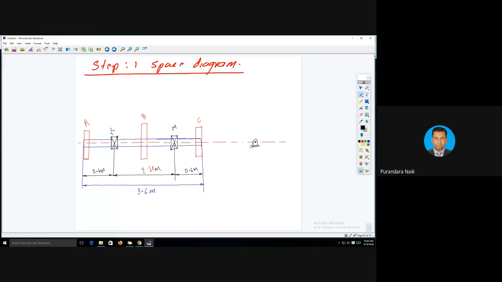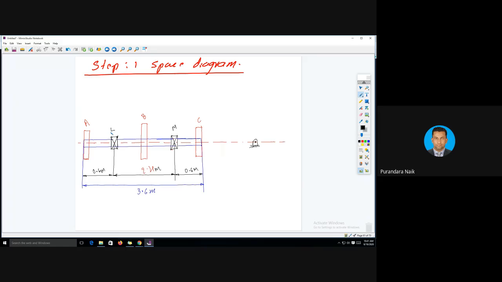Second one, to find out the couple, we need to find one more reference plane. There are two types, don't get confused. Both are different. One is at the space diagram at the beginning. The second one is to find out the couple in the tabular column. Both are not the same. Please remember, you'll get confused.